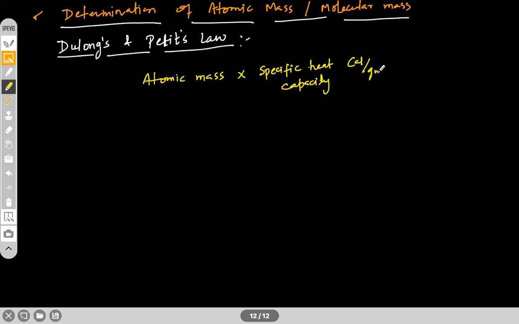Calorie per gram degree Celsius. This is a unit. The product of these two is equal to a constant value, and that is observed to be around 6.4. So you just need to know this relation. This value, again, will be given in the question. Just you need to substitute it here and find out the answer. But you must take care of this unit here.